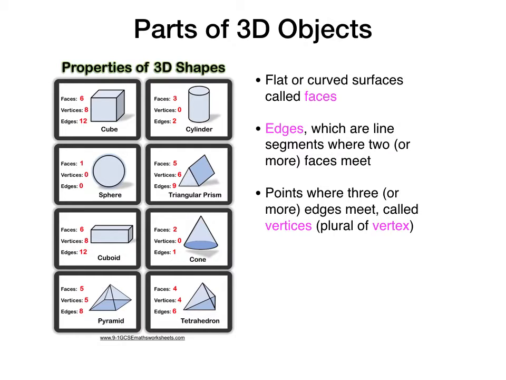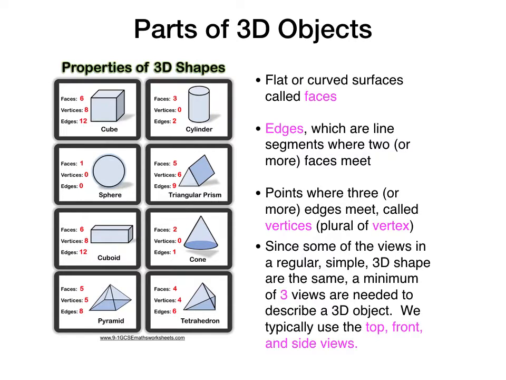Then the points where 3 or more edges meet are called vertices, which is the plural of the word vertex. So if it's a point, if it's 2 surfaces coming together at a point, that is a vertex. And if it's 2 surfaces or faces coming together at an edge, we're forming a line segment, that's called an edge.